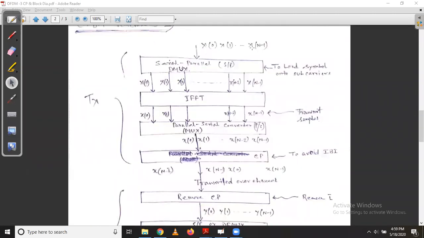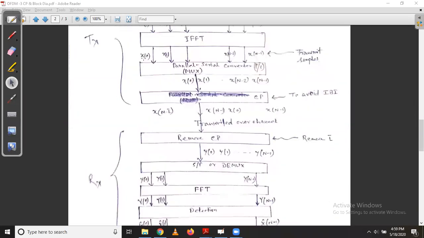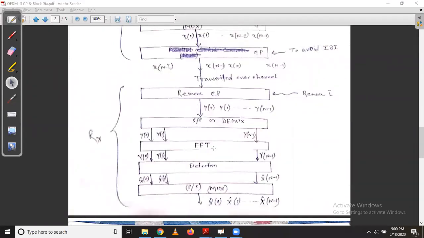These symbols capital X are converted into small x, which are actually samples, and these samples are transmitted through the channel. At the receiver we receive the samples denoted by small y, then perform the FFT process, and finally we get capital X again.